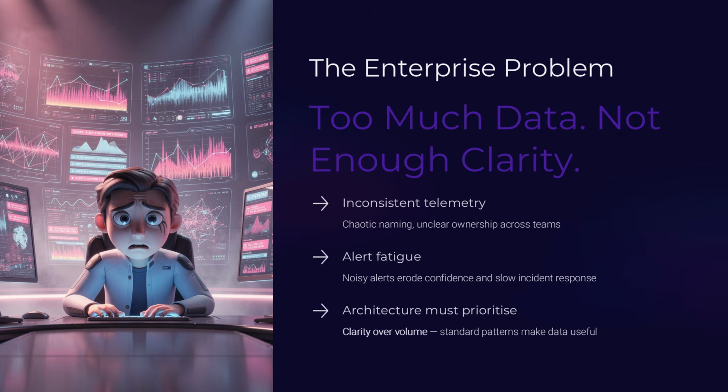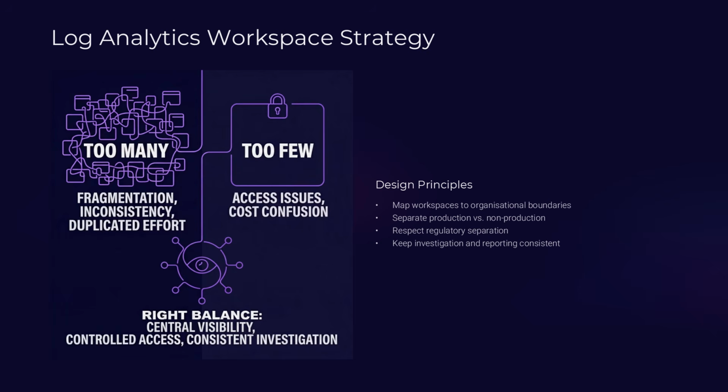The result is alert fatigue, slow incident response, and leaders losing confidence in operational readiness. Your architecture must therefore prioritize clarity over volume, and it must create standard patterns so data becomes useful rather than overwhelming.